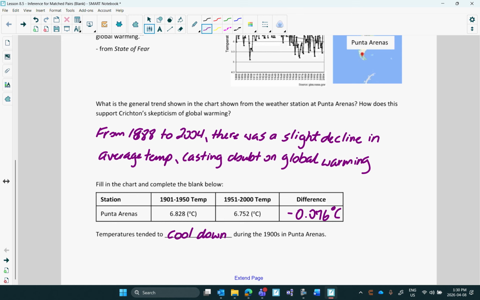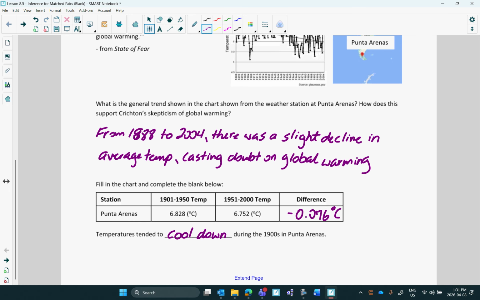Maybe what we should do is look at a lot of places all over the world, whether south near Antarctica, north near the Arctic, or in the middle. One of the things you should say is, yeah, but it's only one place. I'll be more convinced if this happens at a whole bunch of places.